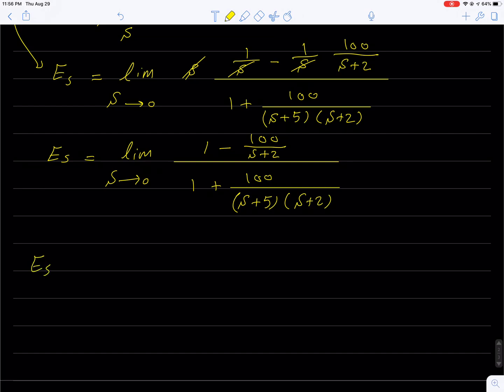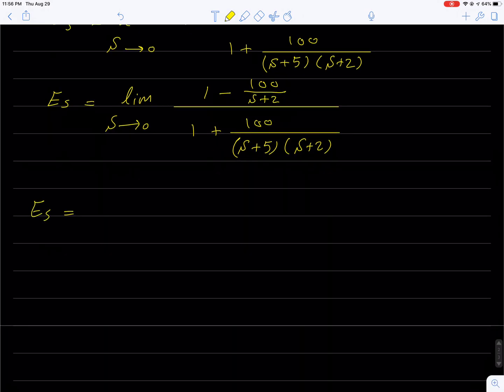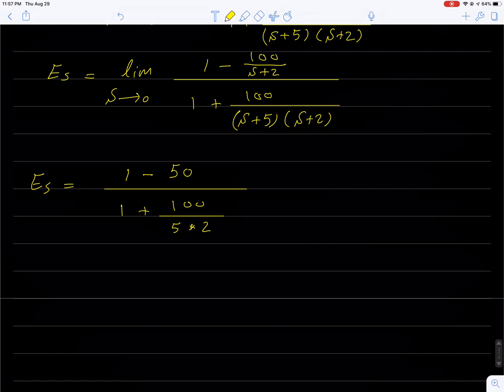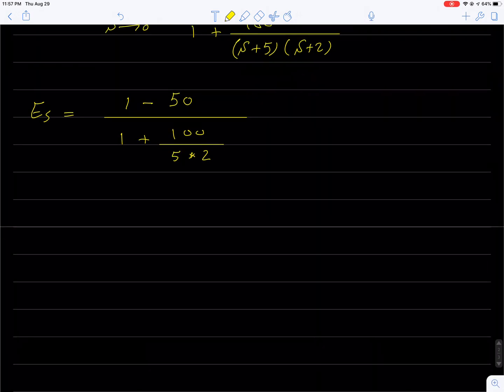Now the steady state error is equal to, we're gonna apply the limit, so it's gonna be 1 minus, instead of S as 0, so we're gonna have 50 there, over 1 plus 100 over 5 times 2. Now the steady state error is equal to negative 49 divided by 11.